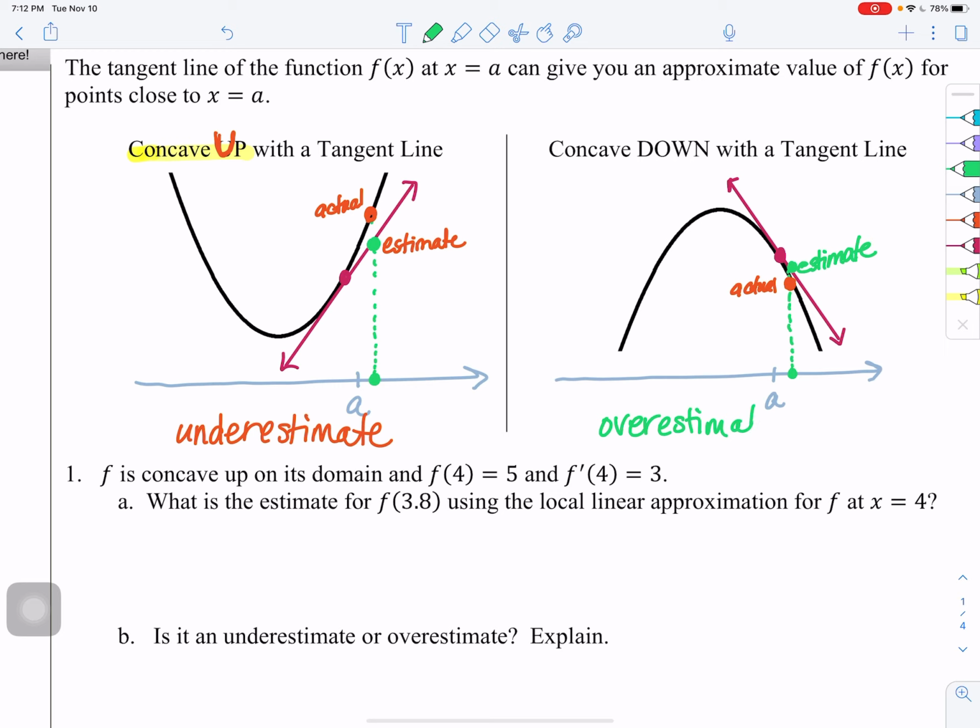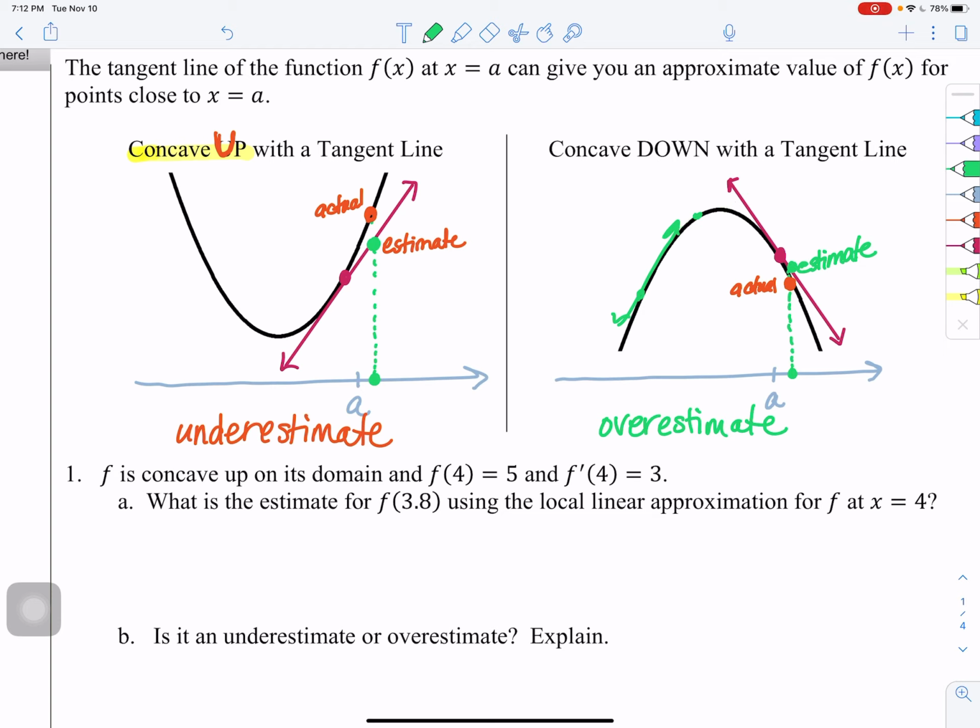So if you approximate the value on a curve that is concave down using linear approximation, you will have an overestimate always. And if you think about it, look, here's the tangent line there. So all of these lines will approximate values that are much greater.